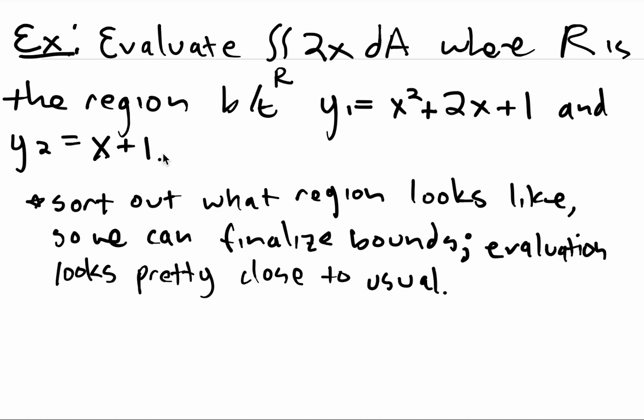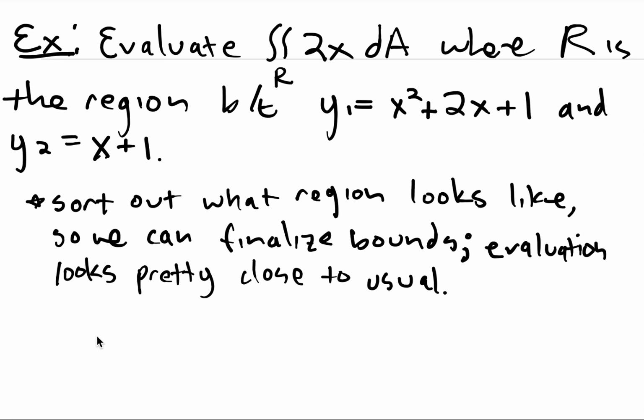This is looking like it's a type 1 region. That basically means I need to figure out what's my top and bottom curve, okay? And you notice I didn't give you any numerical bounds here. This is probably like one of those area questions back in Calculus 2 where we have to either solve or graph this and figure out where those are on our own. Okay? So, sort out all that. This is going to evaluate just like what we did in the last section.